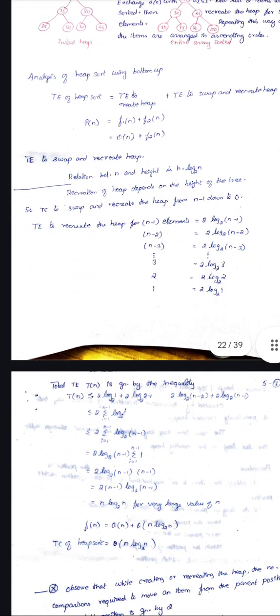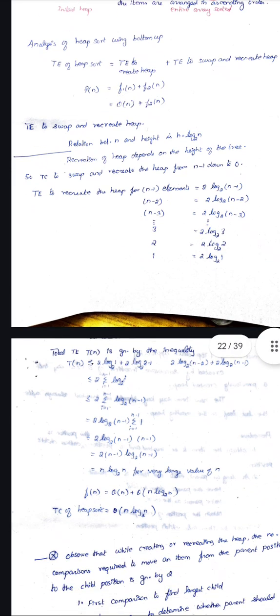The analysis of heap sort will be like theta of n plus the function 2 of f2 of n. And again then to swap and recreate the heap. The relation between n and height is h equals log n to the base 2, and the cost of the heap depends on the height of the tree.